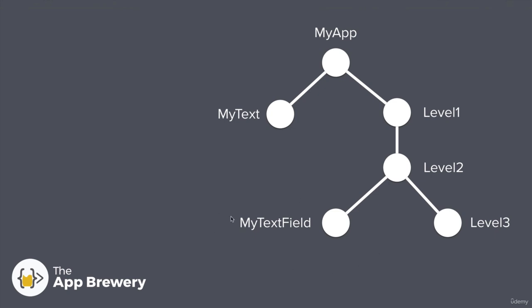And we also have a myText field widget down here. That's a child of level 2. So the idea is, how can we get an update that happens down here all the way over to myText, which is higher up in the tree, and also in level 3 using the Provider?